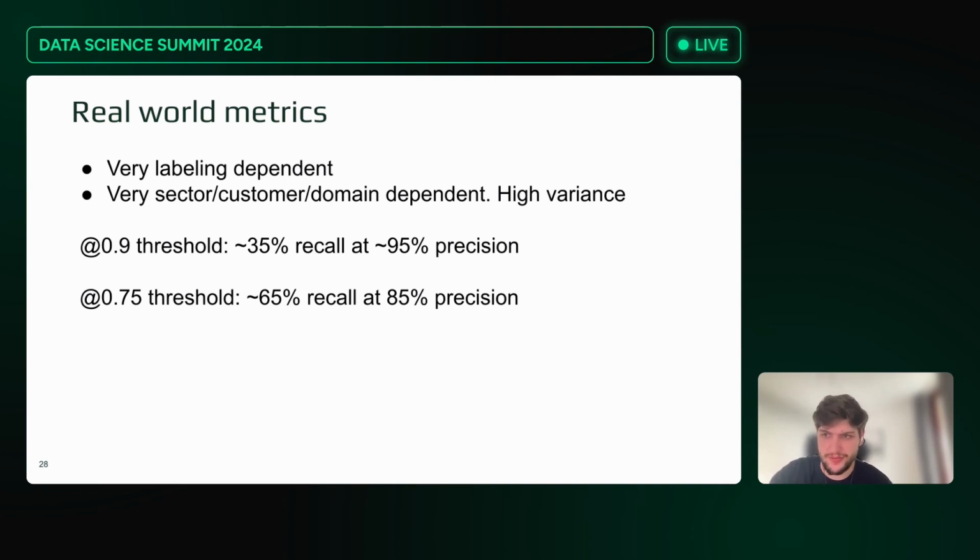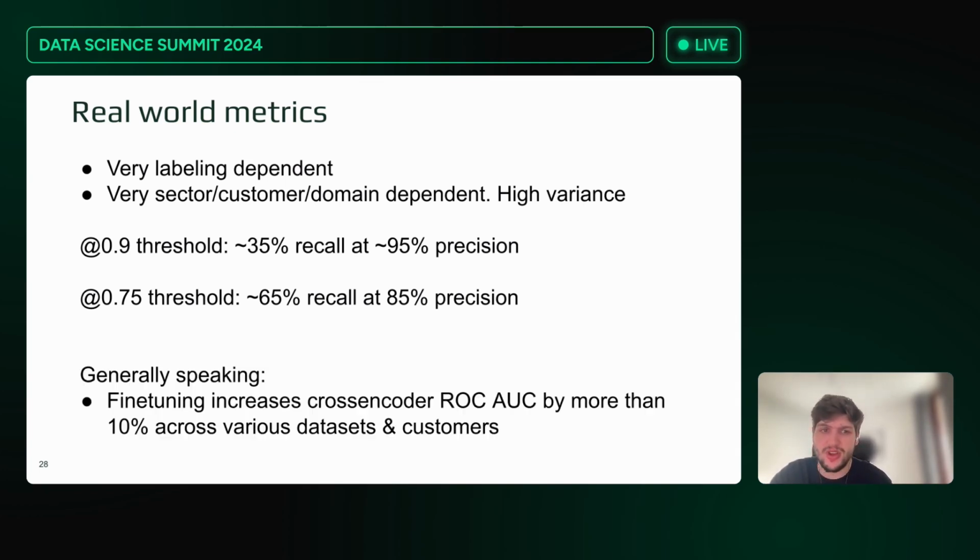What I think is much more interesting here is how much does the synthetic training data generation actually help, right? This track here is called application of LLMs or usage of LLMs. Generally speaking, we found that fine-tuning using the synthetic training data increased our crossencoder ROC area under curve by more than 10% across multiple data sets and customers and in various industries.